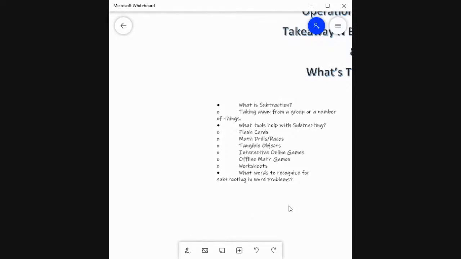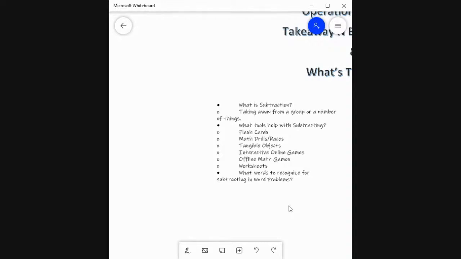Also, worksheets. Again, I have placed below subtraction worksheets from all great resources. So if you want different worksheets to work on with your student or your child, you can use those: Math Drills, Dad's Worksheets, Math Aid.